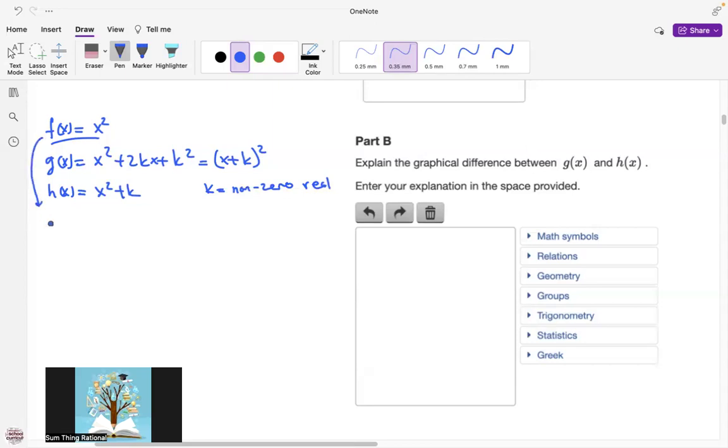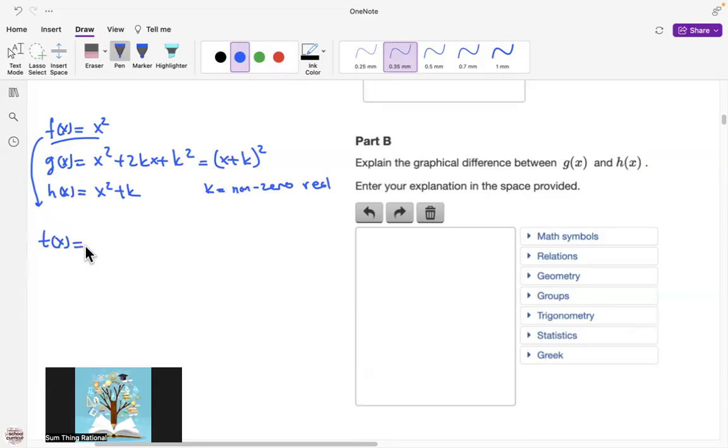from the vertex form of the quadratic function, maybe I can name it with a different name, since we already used f of x and g of x.